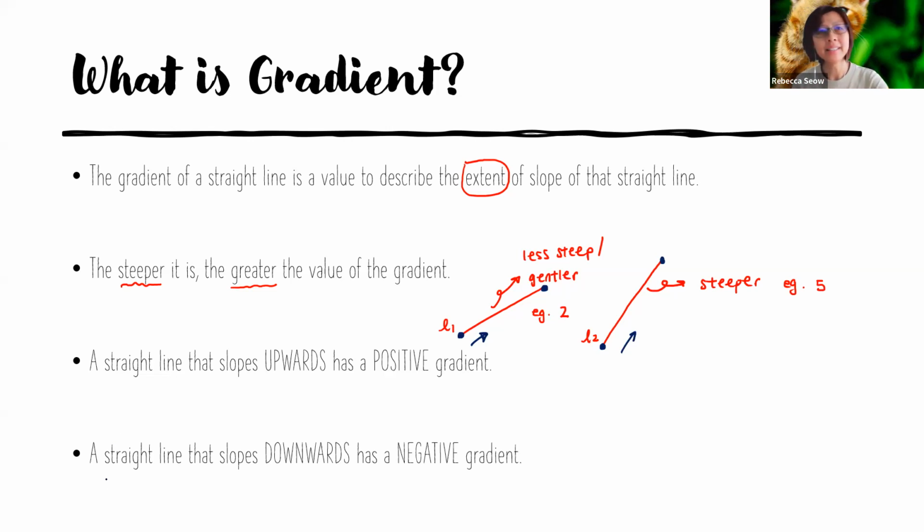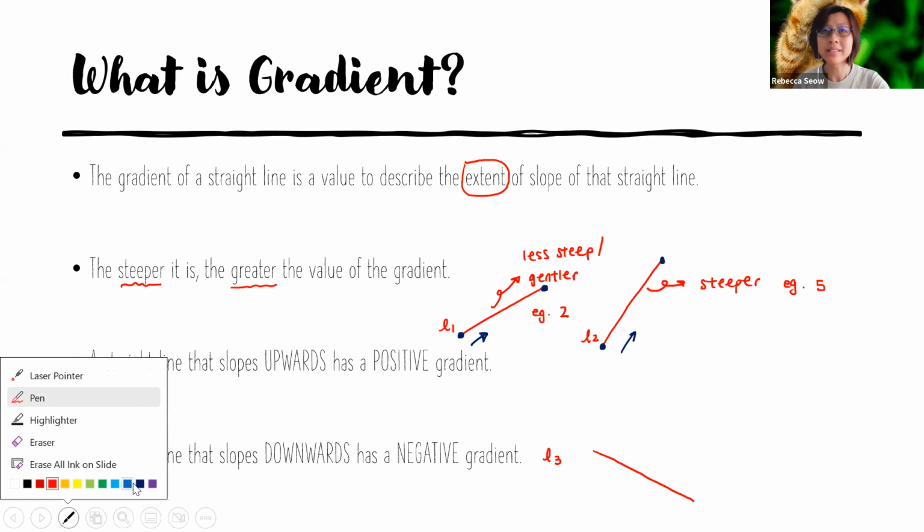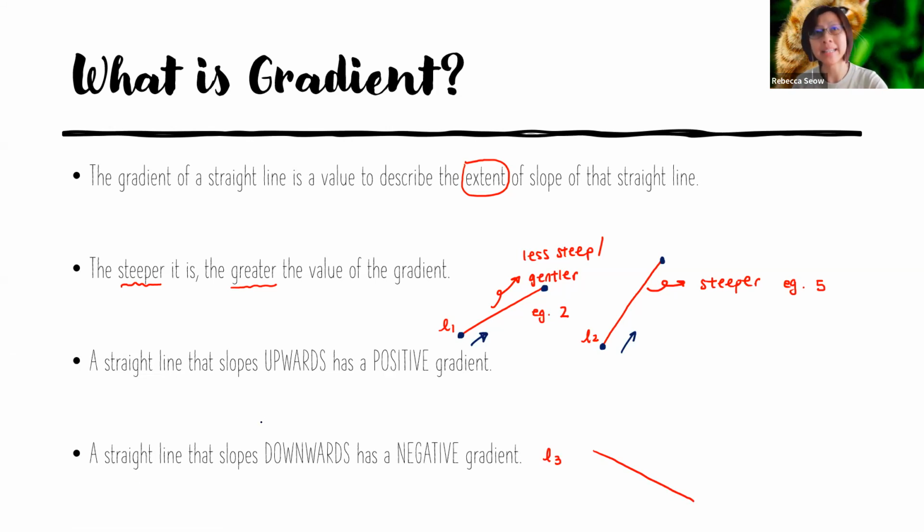On the other hand, if you have a straight line that slopes downwards, let me draw an example. This time I will draw L3. Can you tell me where the start and the end point of that line are? The start point always starts on the left, right? So this is the start point, all the way to the end point, which is here.